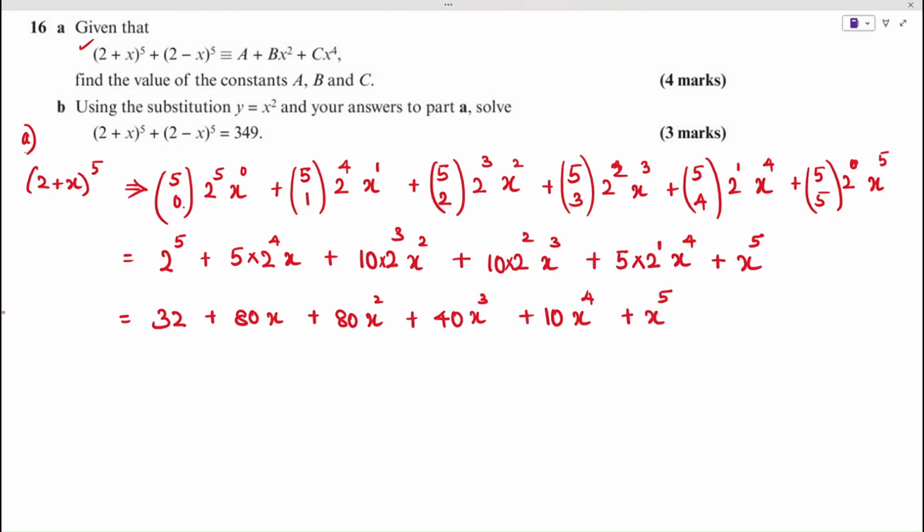Now we're going to expand (2 - x) to the power of 5. To make life easier for ourselves here, all we're going to do is substitute minus x into the places where x is.